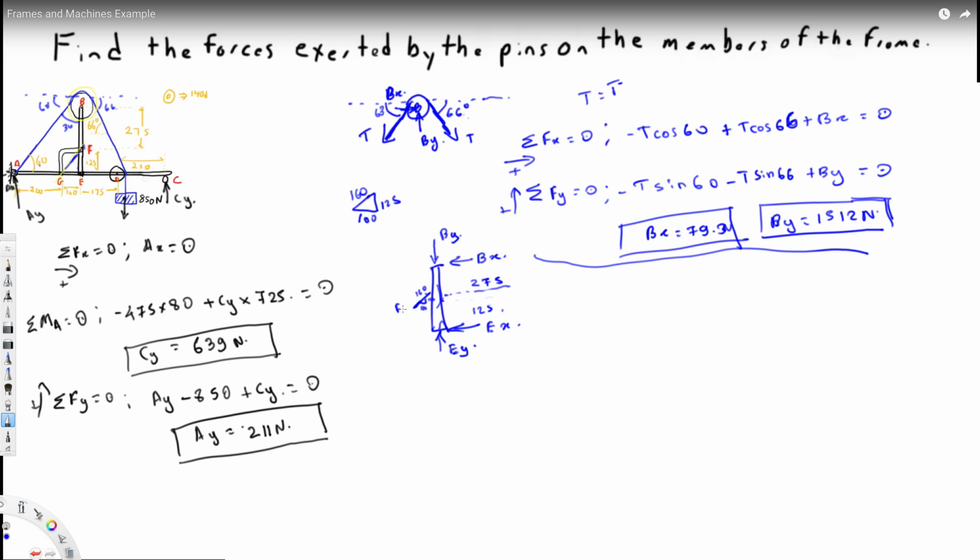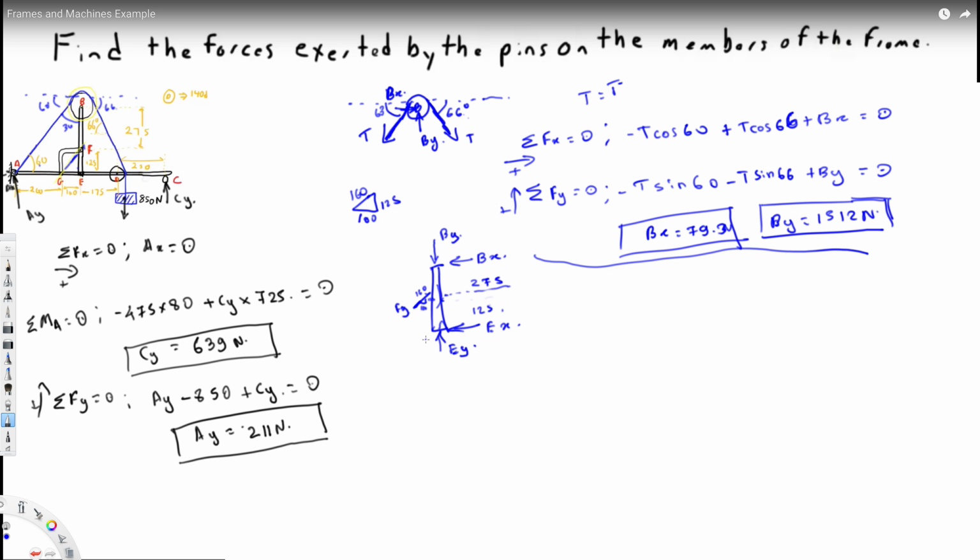So this is Fg, and if I take Fx, we have Ex unknown, Bx is known, and Fg cos theta, that's also unknown. And if I take y direction, By is known, Fg sin theta, that's also unknown.